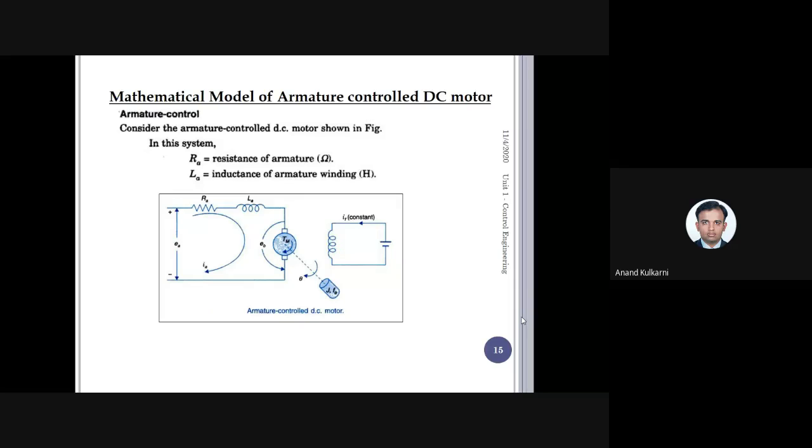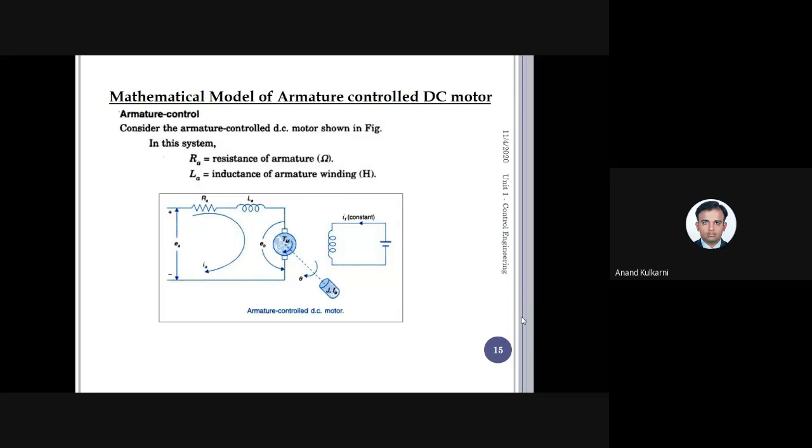So what is done here is a commutator is used. A commutator is nothing but a slip ring divided into two half parts, one top part and one bottom part. On one side there is a positive line and on the other side there is a negative line.